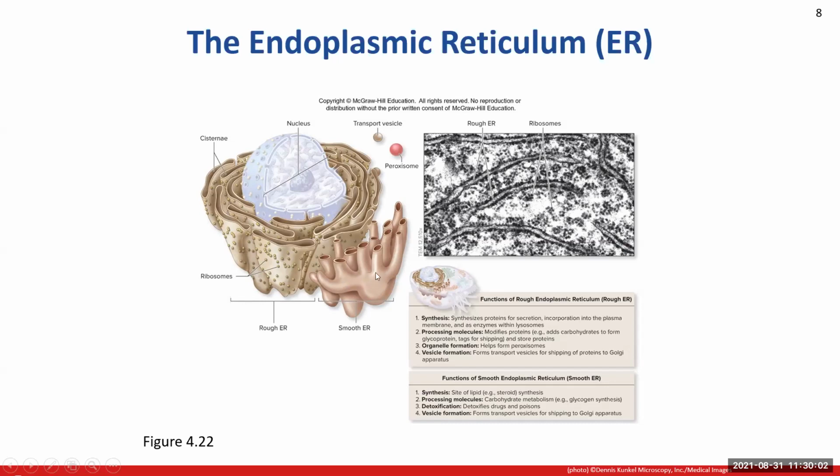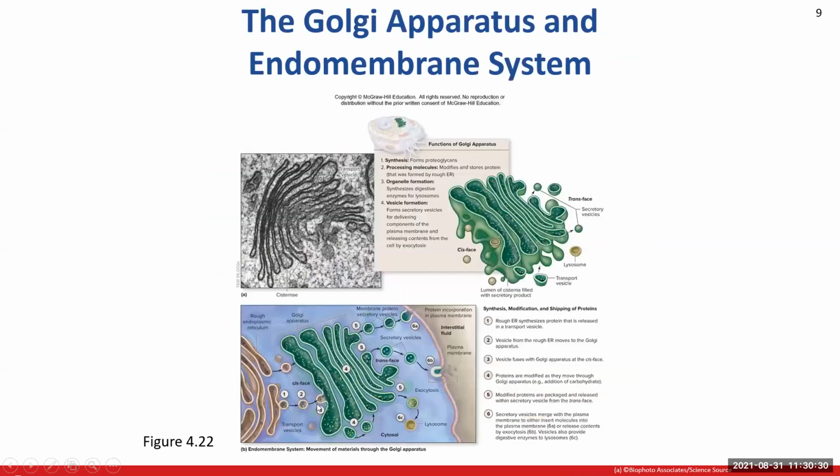We'll also see the formation of the glycogen molecule, which is the stored form of glucose. We'll also see quite a bit of detoxification of drugs and alcohol and some poisons. Then, of course, we'll also see more vesicle formation there.